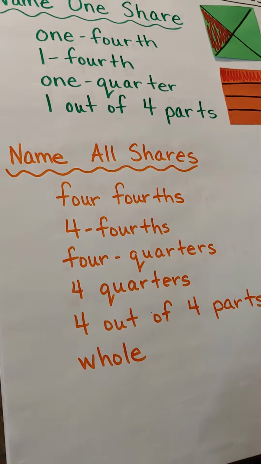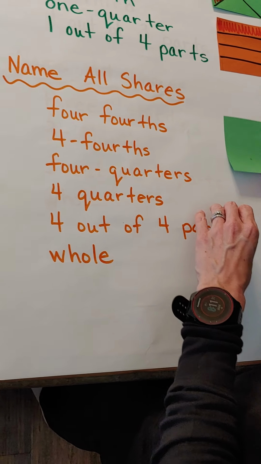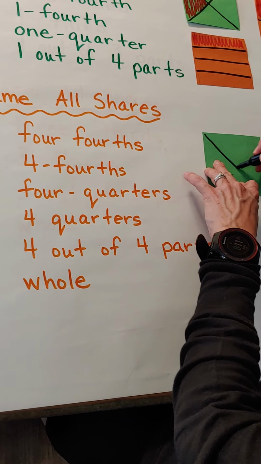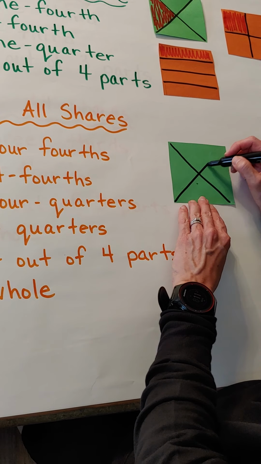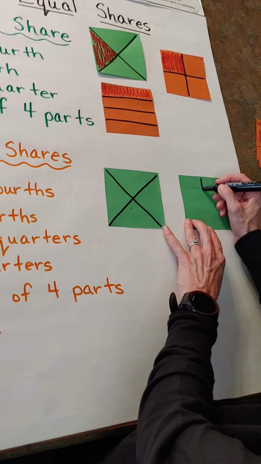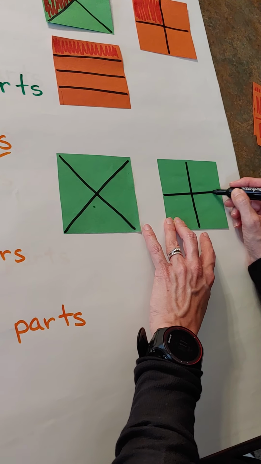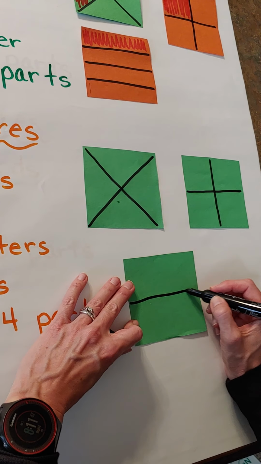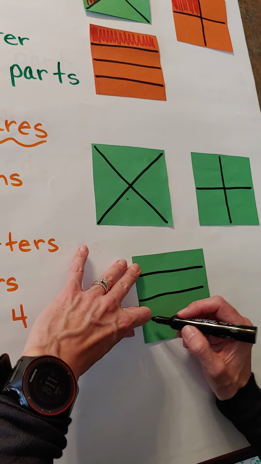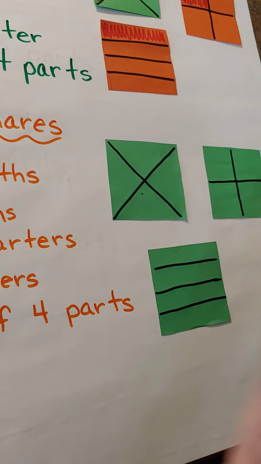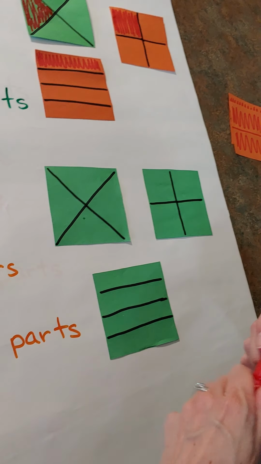Now what happens if I do something similar this time? We folded it this way into 4 equal parts, and we did it this way into 4 equal parts. But instead of naming just one share, I want to name all the shares.